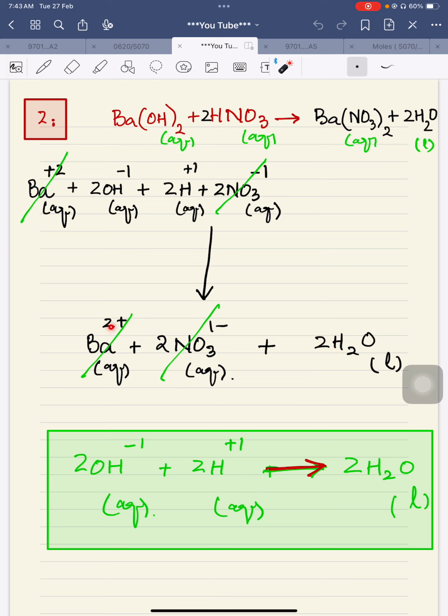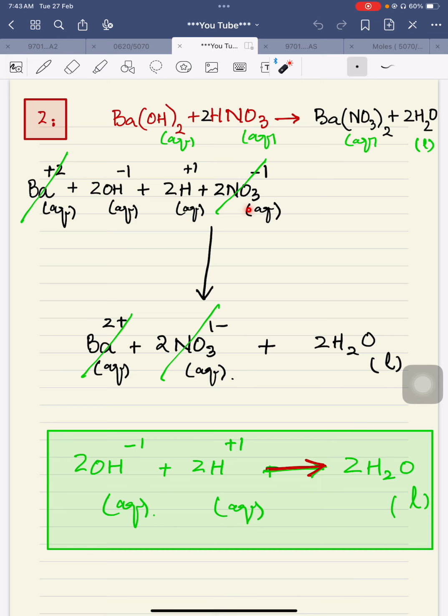Now we are canceling the components which are considered spectator ions. We are going to select the spectator ions and cancel them. Barium is in the ionic state both before and after the reaction, so barium ions are considered spectator ions. That's why they will be cancelled here.